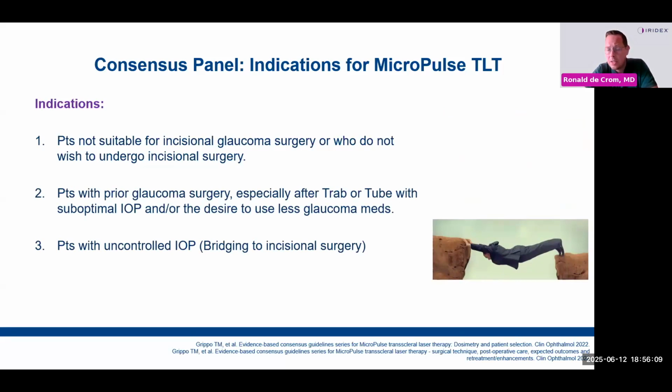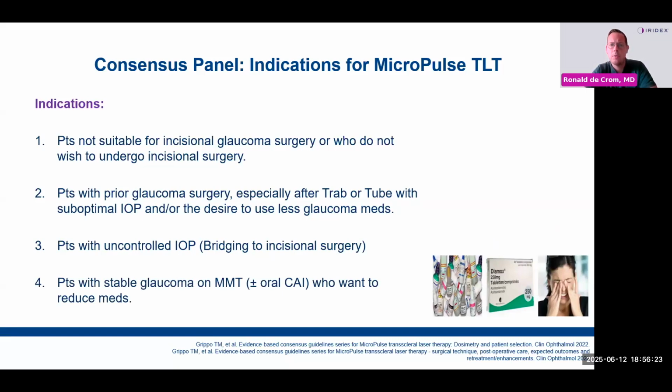If you cannot perform bigger surgery at the moment and you have to bridge a couple of days or a couple of weeks, you can consider bridging that time with micropulse treatment. And overall, if you have patients with stable glaucoma on a lot of glaucoma medication, especially if they also need oral carbonic anhydrase inhibitors, you can offer them micropulse TLT in order to gain some medication reduction.